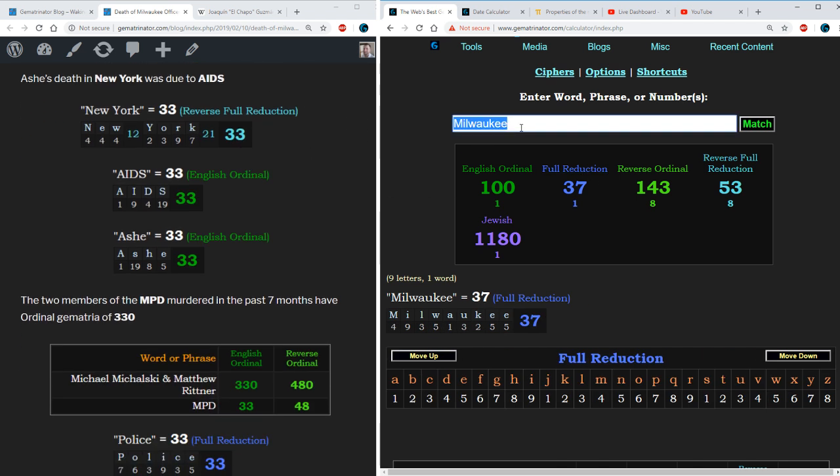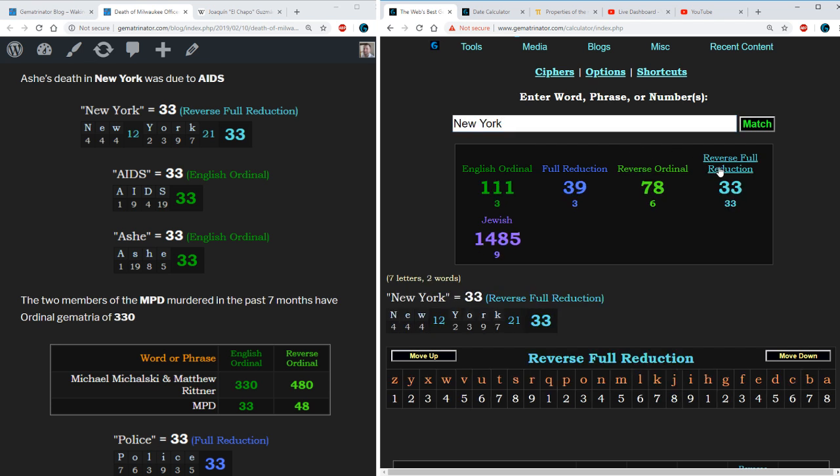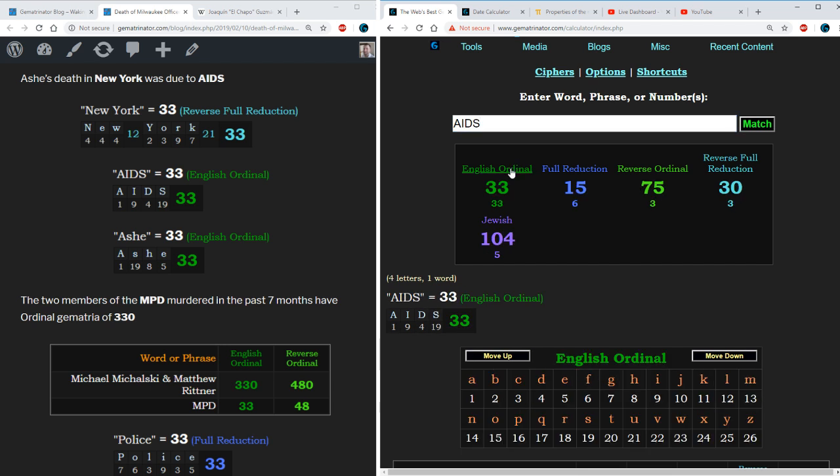This goes further as well. Arthur Ashe died in the city and state of New York. New York equals 33 in reverse reduction. He died because of AIDS, which sums to 33. AIDS was originally a disease that was within the gay community. Gay equals 33.